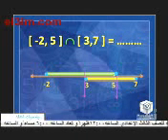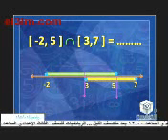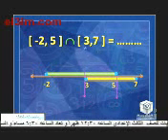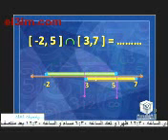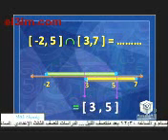This region already exists in the first interval and also in the second interval. So the intersection between two intervals is the common part between them. The result will be closed 3 and closed 5. This is the answer.